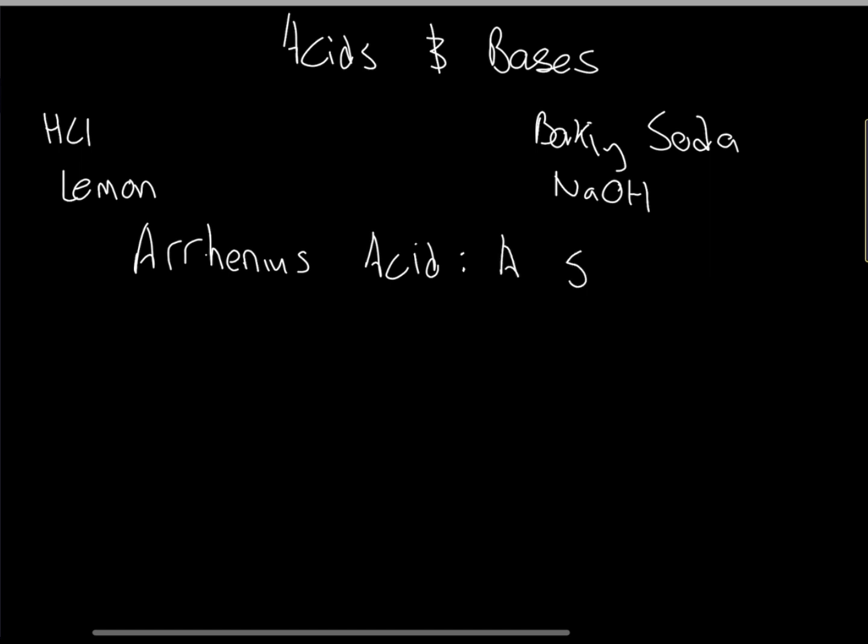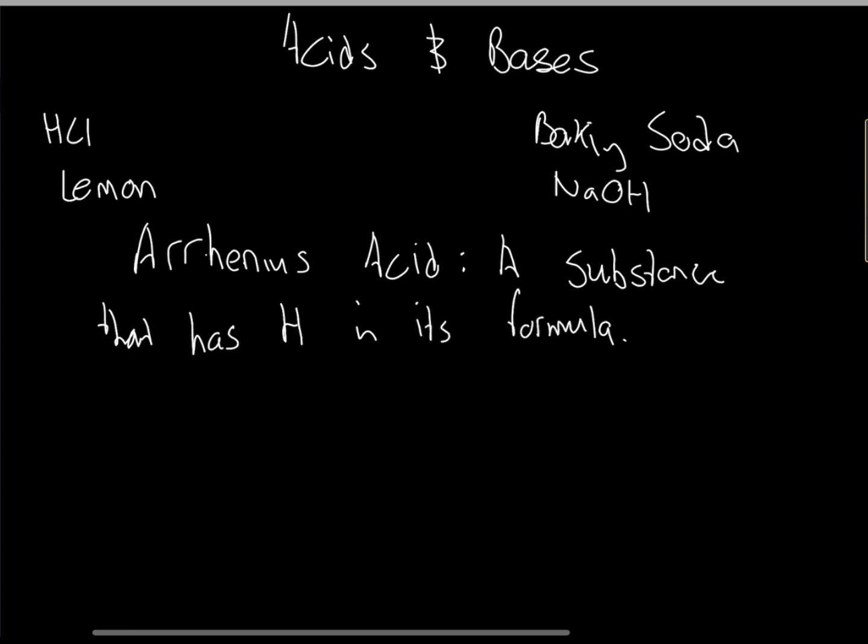So, a substance that has H in its formula, and when dissolved in water, it produces hydronium ions or H plus ions.